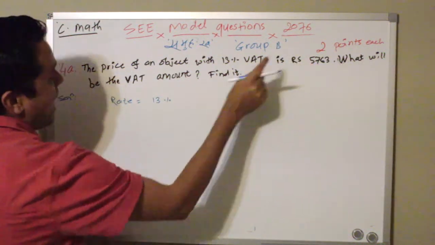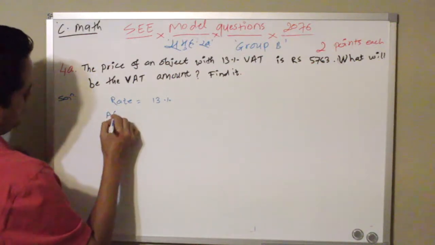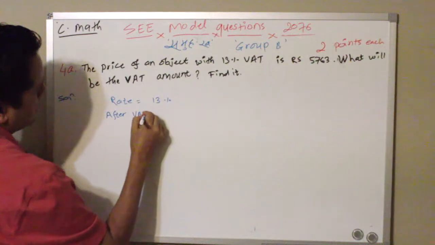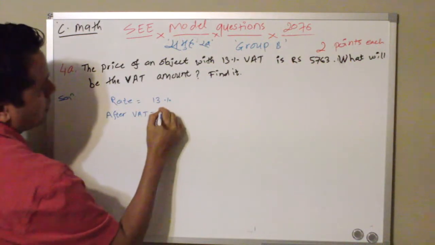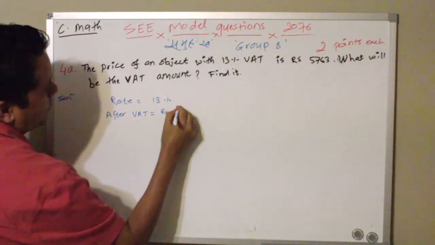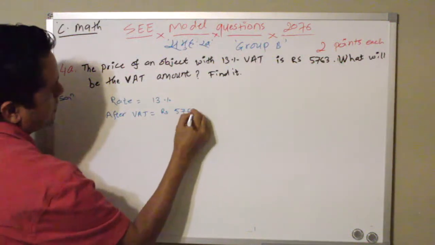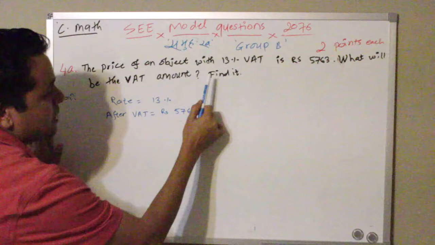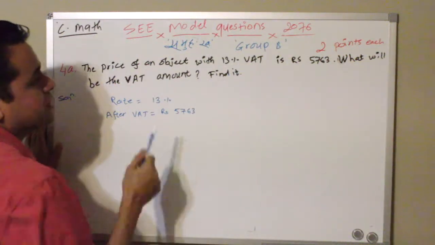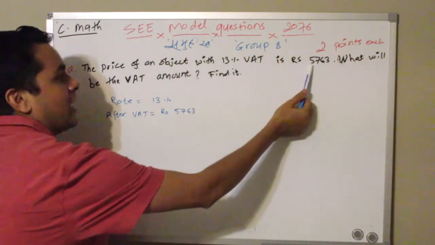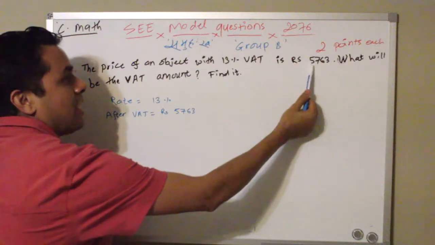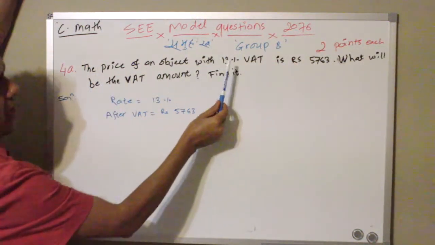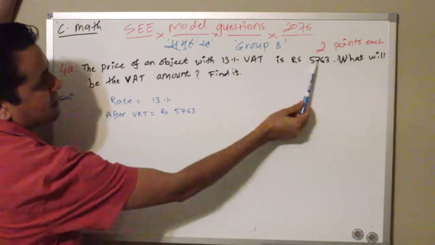And after VAT, it is given as rupees 5,763, right? The price of an object after VAT with 13% VAT is 5,763.